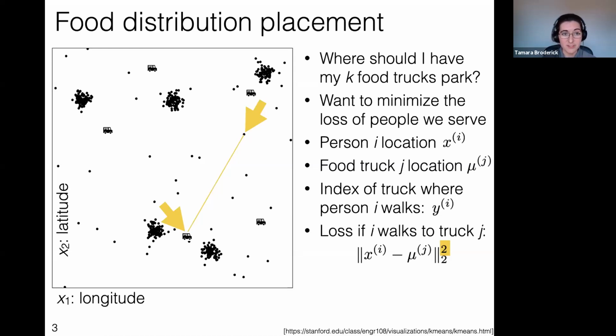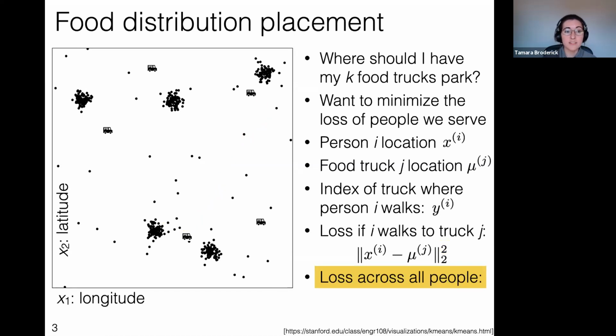They might not even bother to go to the food truck at that point. And so the squared loss penalizes far away food trucks even more than we might expect from maybe a street distance or some other type of loss. It's a choice, but it's a choice we're going to make here. We're going to use this squared Euclidean distance as this loss.